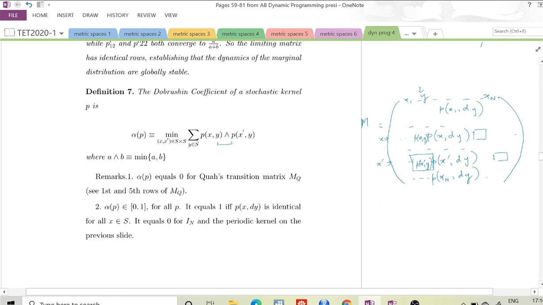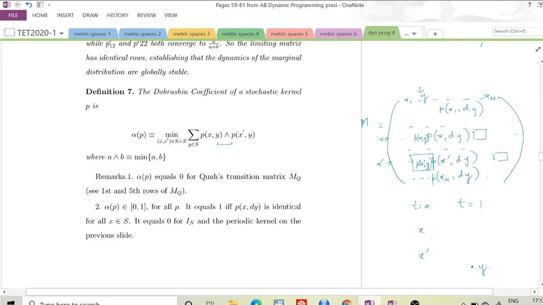So that's telling us that, suppose we are playing around with this Markov chain and we've started it twice. So let's say at time 0, once we have started the Markov chain in state x, once we've started the Markov chain in state x prime, right? And we have some state y here, right?